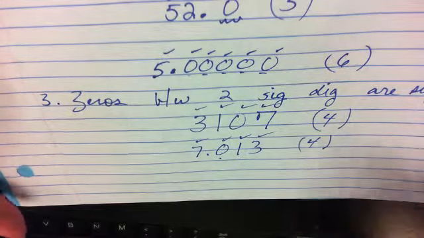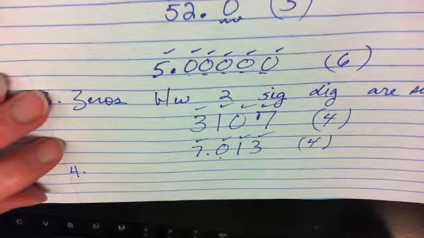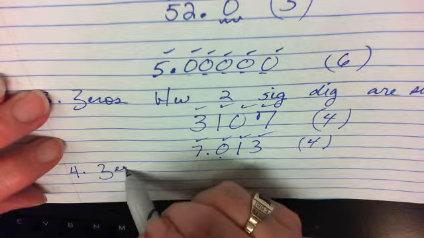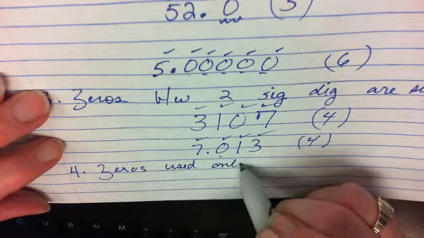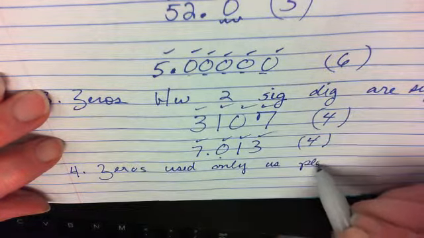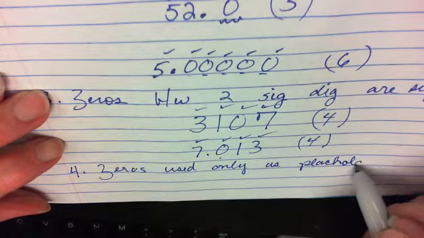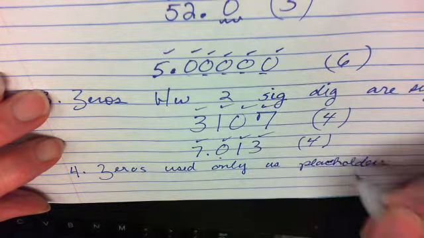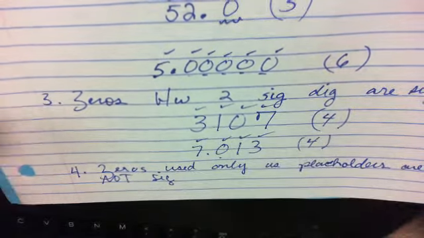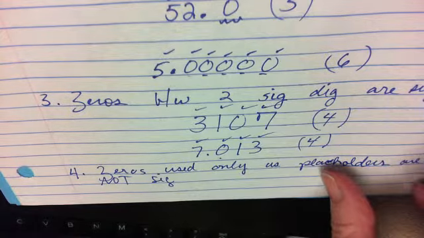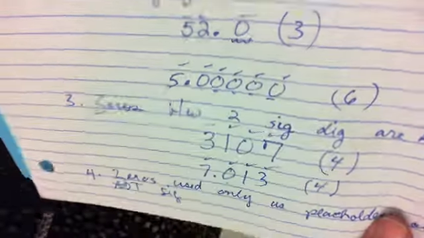Rule 4. Zeros used only as placeholders are not significant. Now this may seem a little bit difficult to understand, but if I put my numbers in scientific notation, it does make a lot more sense.